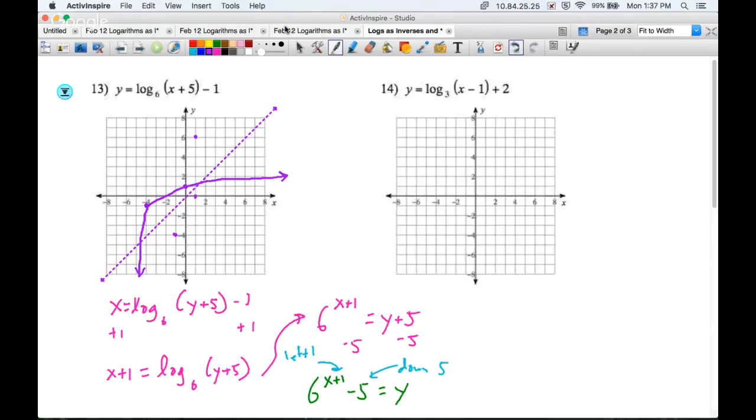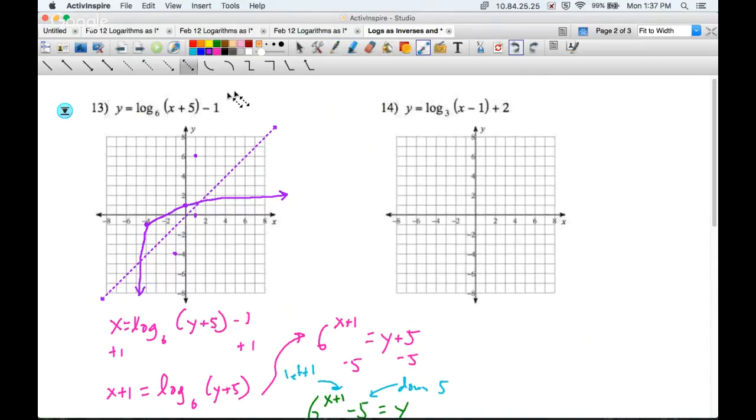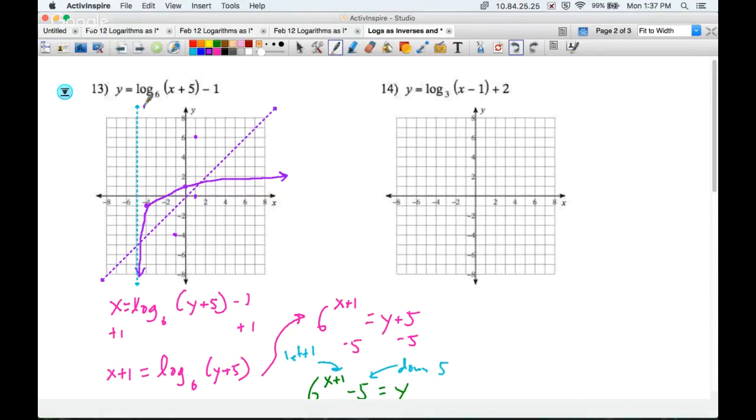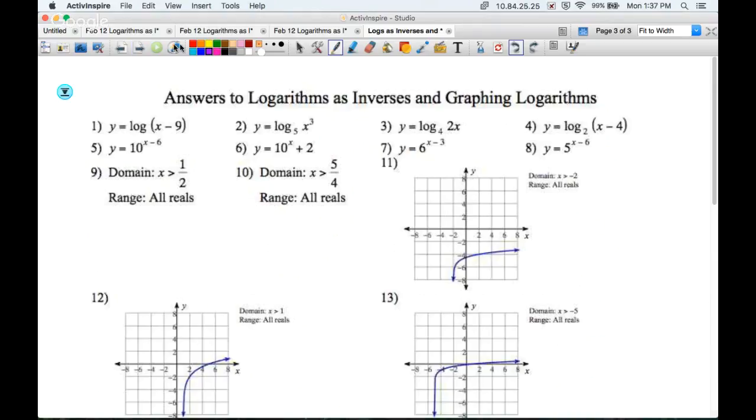All right, looks pretty good. Add in a dotted line for that vertical asymptote, or VA for short. Let me check that one as well. Yep, looks about right.